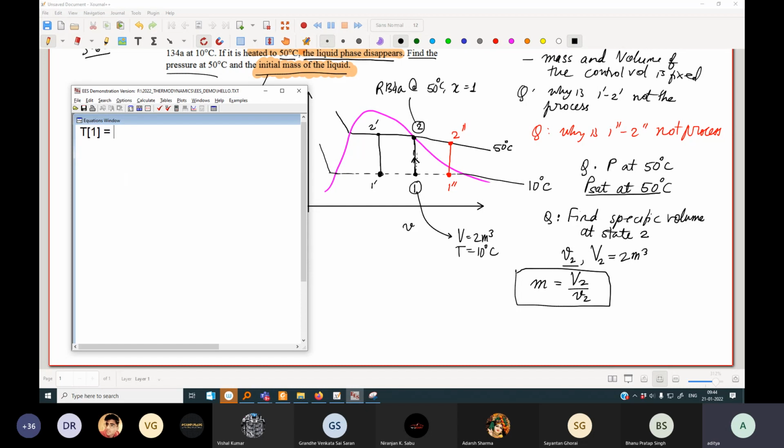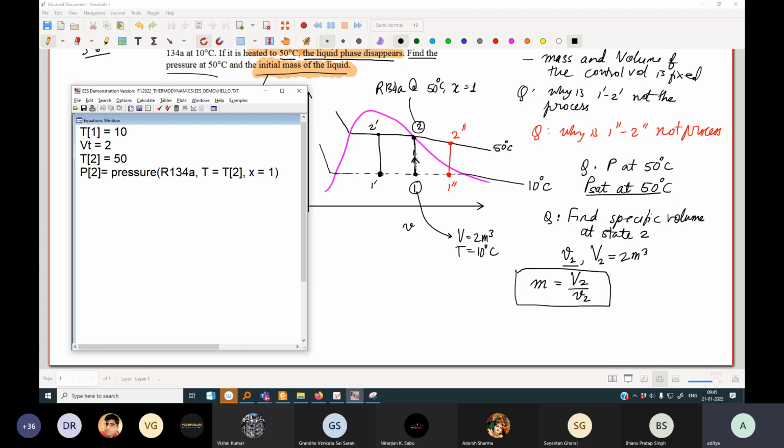T1 is 10 degrees Celsius. V total is 2 meter cube. T2 is 50 degrees Celsius. P2 is pressure of R134A at T equal to T2 and X equal to 1.